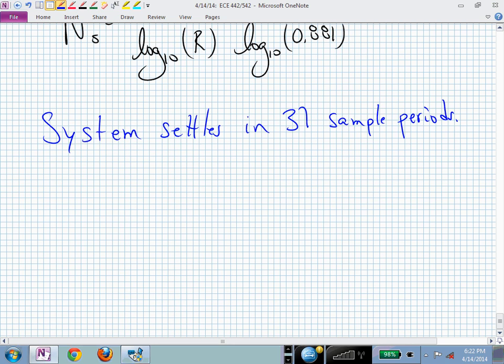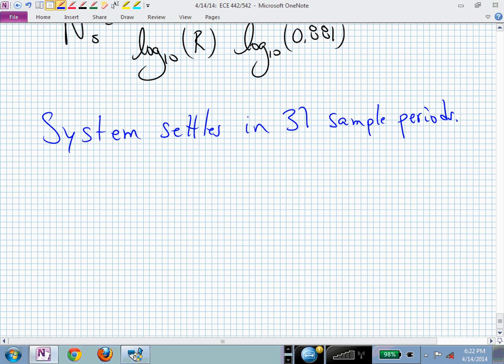How many poles do you have at z equal to 1? That's your type. That had one pole at z equal to 1. It's a type 1. If it had 0 poles at z equal to 1 and you still made it stable, that's a type 0 system, and you're going to have a finite steady state error for a type 0 system.